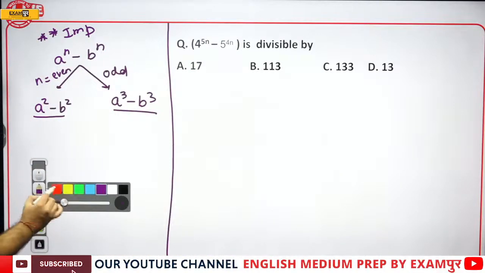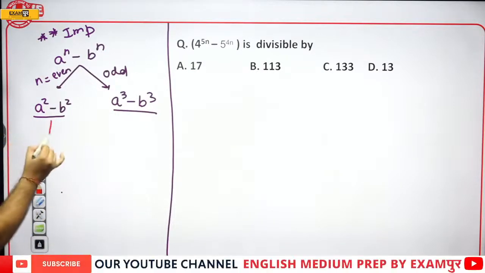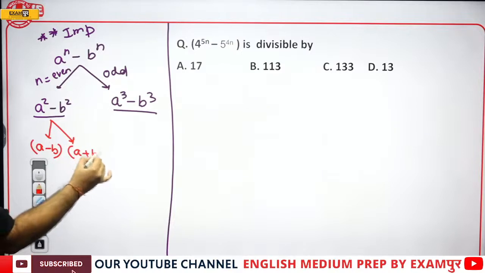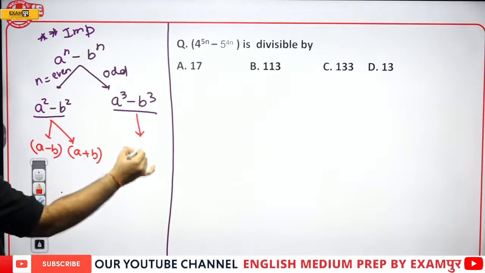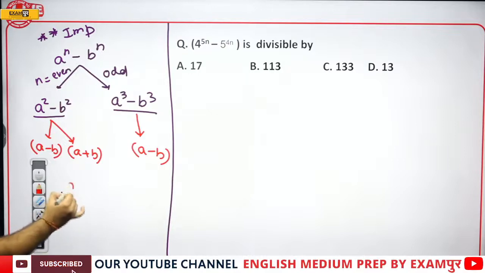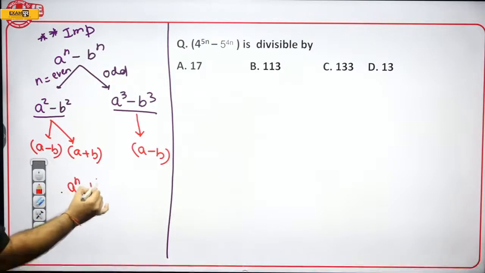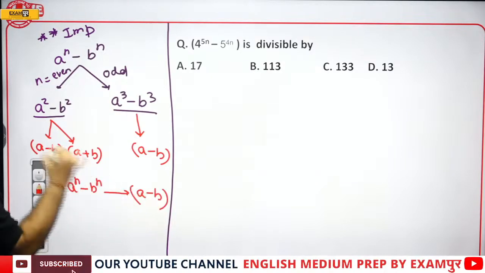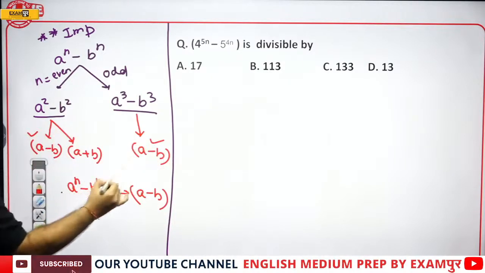Okay. So a square minus b square has two factors, a minus b and a plus b, whereas a cube minus b cube has only one factor, a minus b. Can I say a ki power n minus b ki power n is always divisible by a minus b? Always means always.